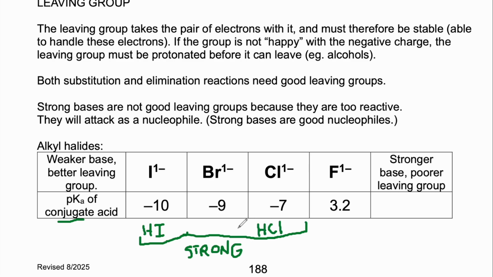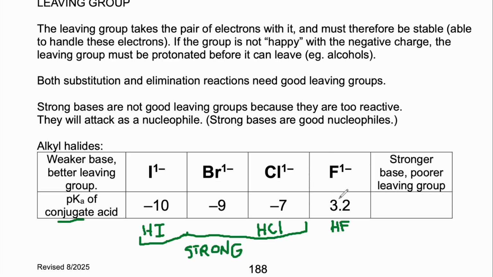We usually don't think of comparing them to each other, but if we did, HI is actually even stronger than HCl. And then HF, even though it is very corrosive and you need to be very careful with it, is technically not completely dissociated in water, so it's not classified as a strong acid compared to these others.